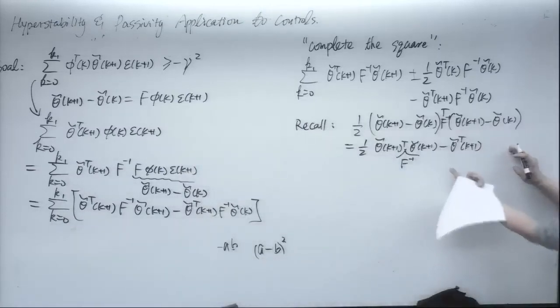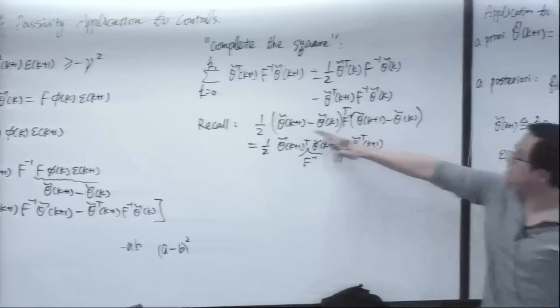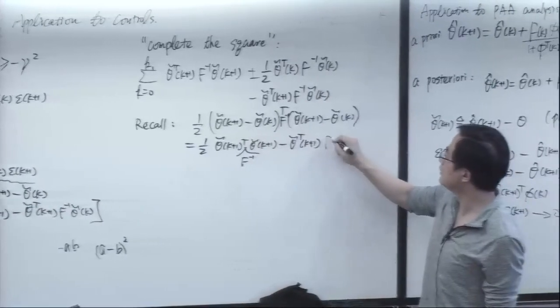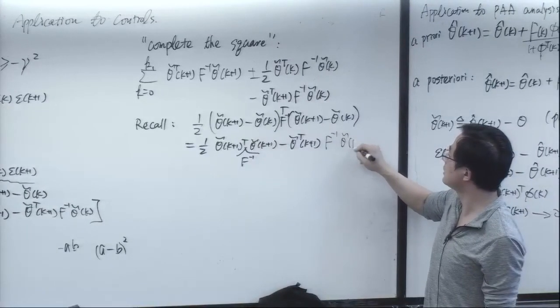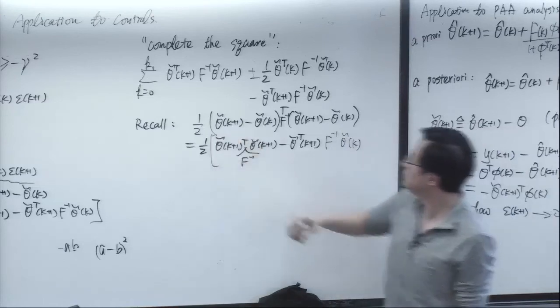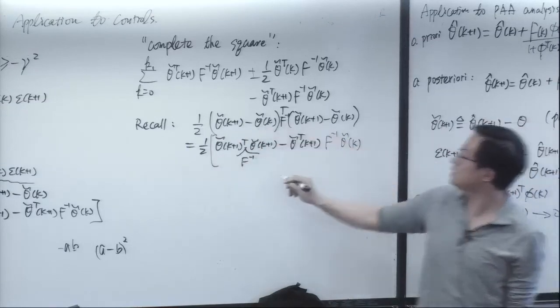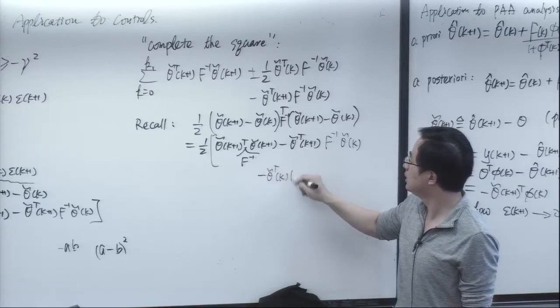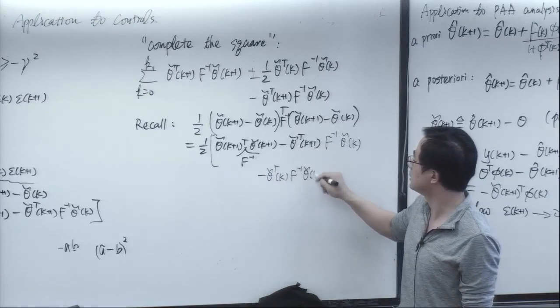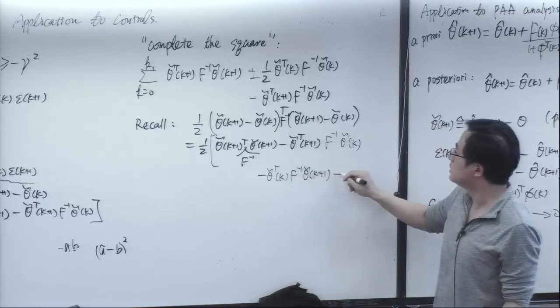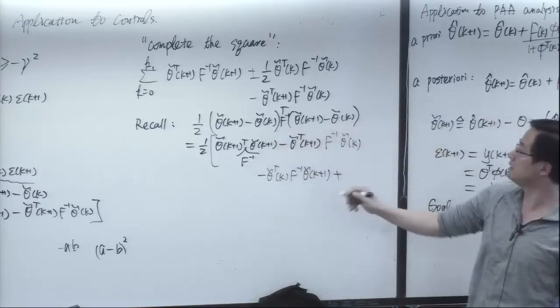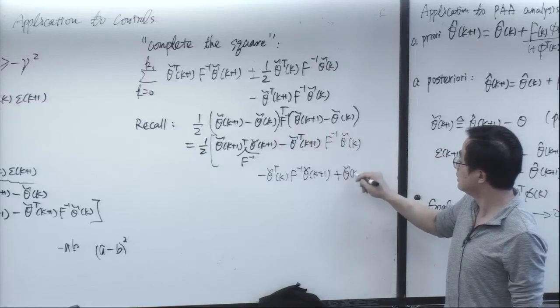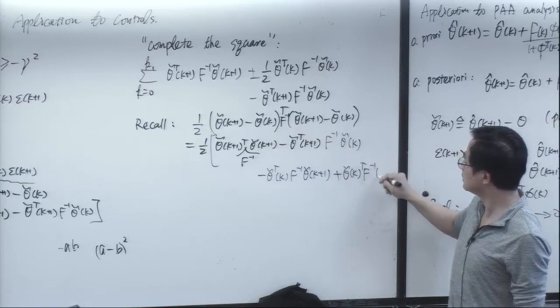So this is going to give us, this is the first product. The second product is going to be F inverse theta tilde k. And then this times this is going to be negative theta tilde k, F inverse theta tilde k plus 1. Then last two is going to be this.